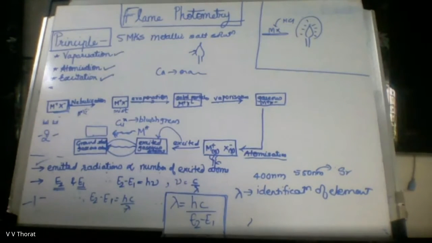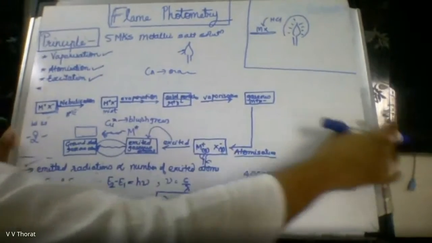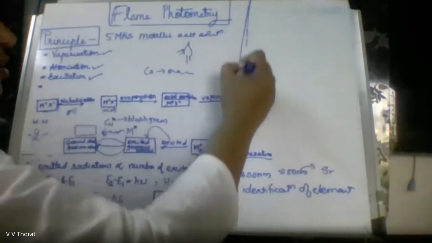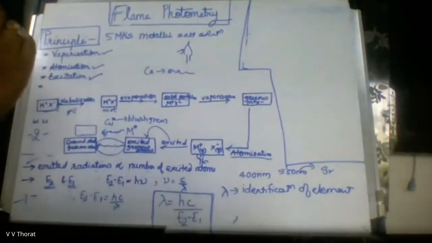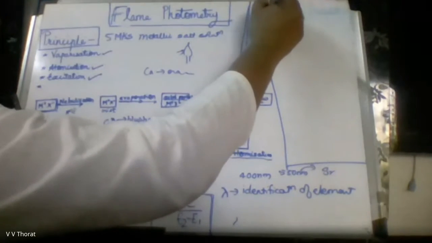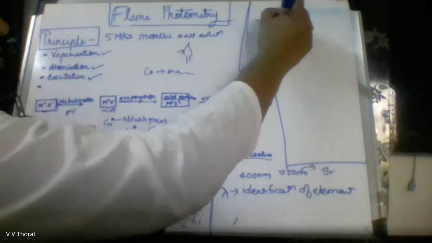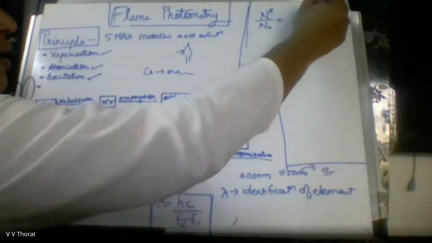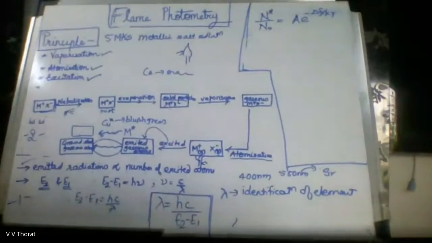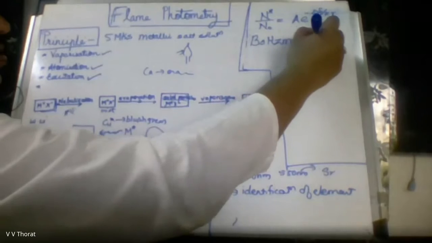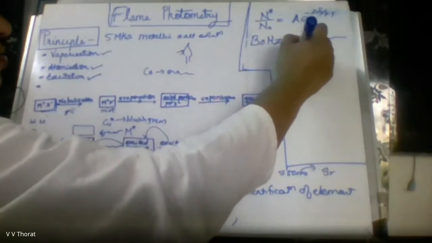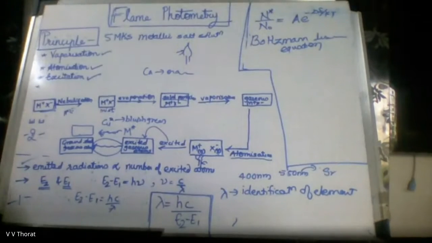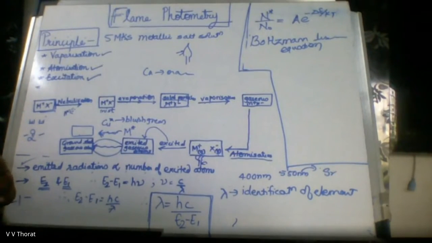Next, this is not the end. Next part we come to after this. You will write the fraction of excited atoms, N star upon N0, is equal to A e raised to minus delta E upon kT. And this equation is called Boltzmann's distribution equation.